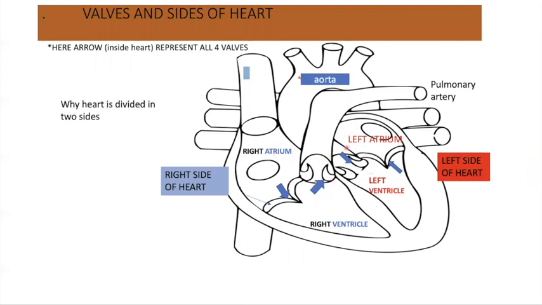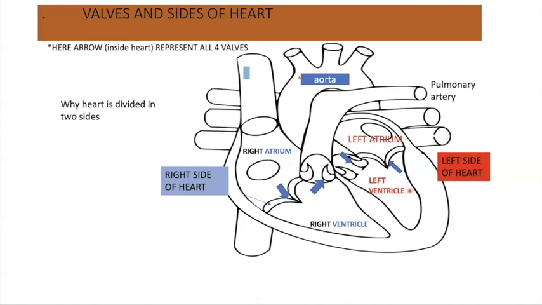These left and right parts are further divided into two parts, upper part and the lower part. Upper part is known as atrium and the lower part is known as ventricle. So upper right is known as right atrium, upper left is known as left atrium, lower right is known as right ventricle, and lower left is known as left ventricle.